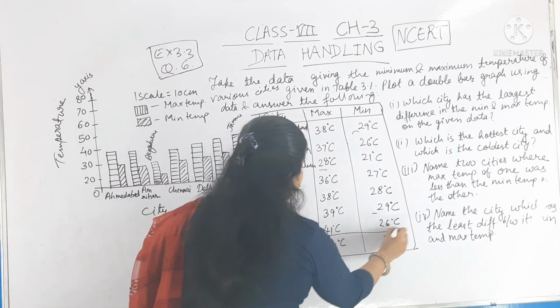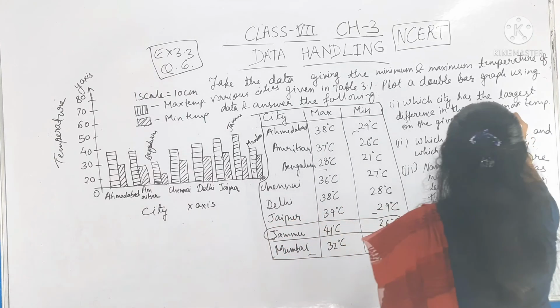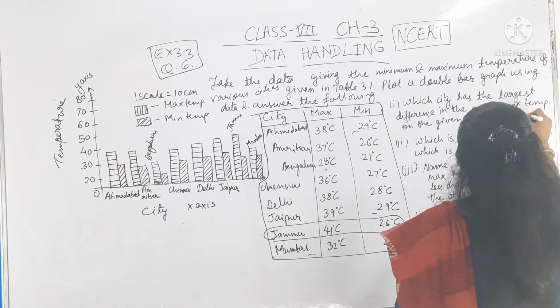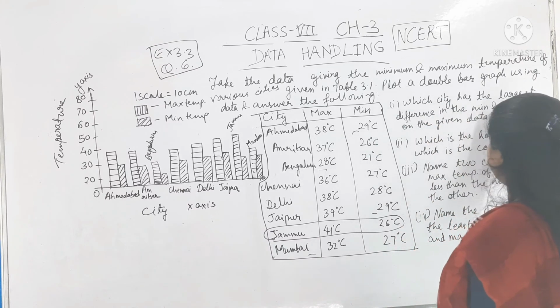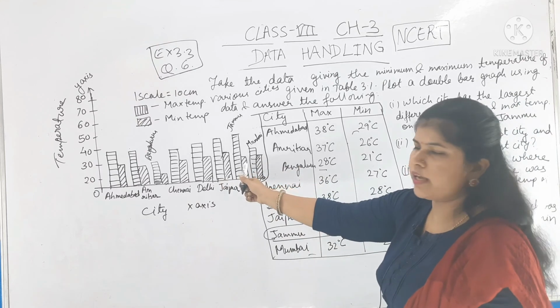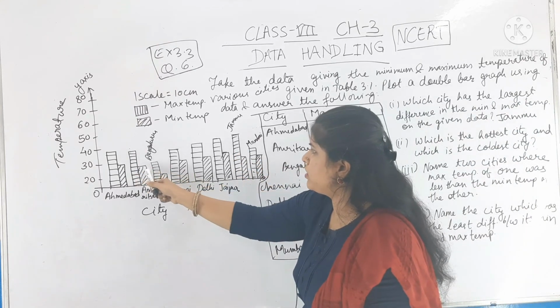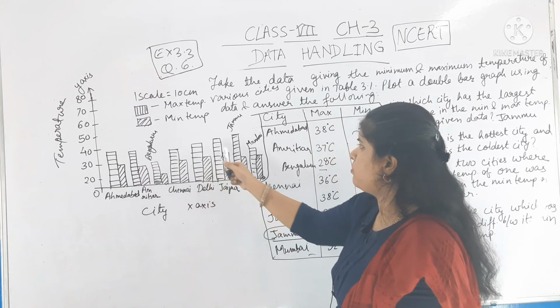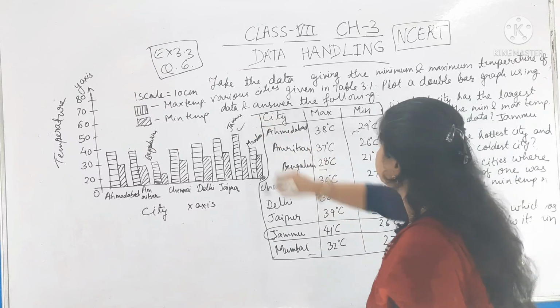So this is your answer: Jammu has the largest difference in the minimum and maximum temperature in the given data. The others have less difference.